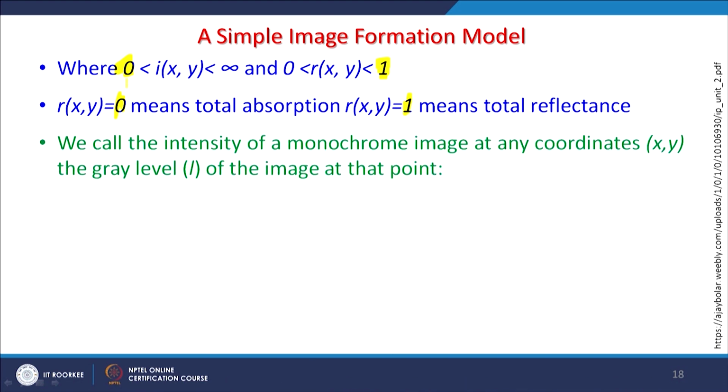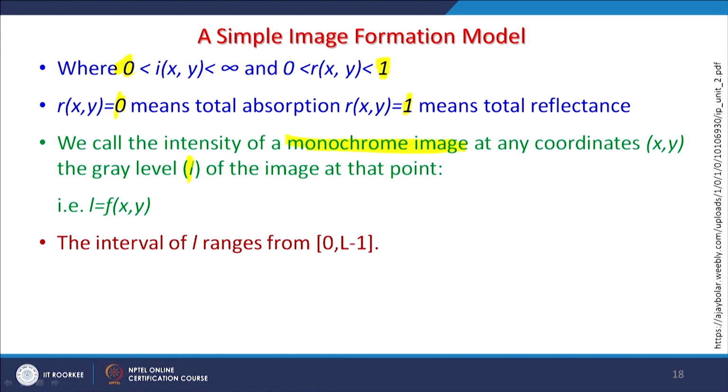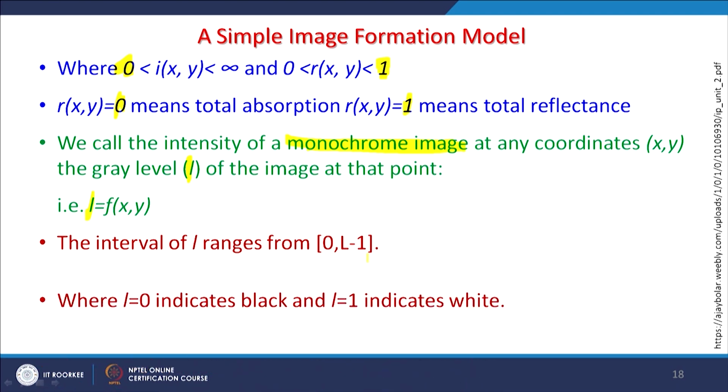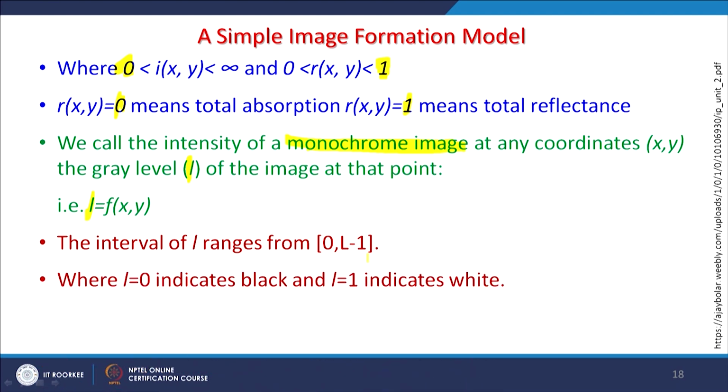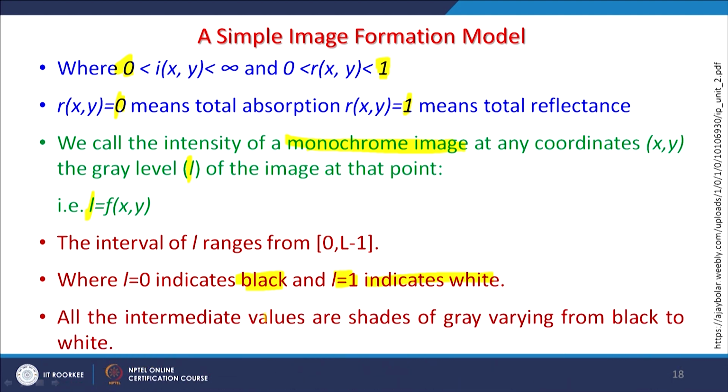So, we can call the intensity of a monochrome image, a black and white image, or a binary image at coordinates x and y, the gray level L of the image at that point. Now we can move further instead of just a binary image. L equals function f of x and y, and the interval of L ranges between 0 and L minus 1, where L equal to 0 indicates black and the maximum value indicates white. The binary example is also here.